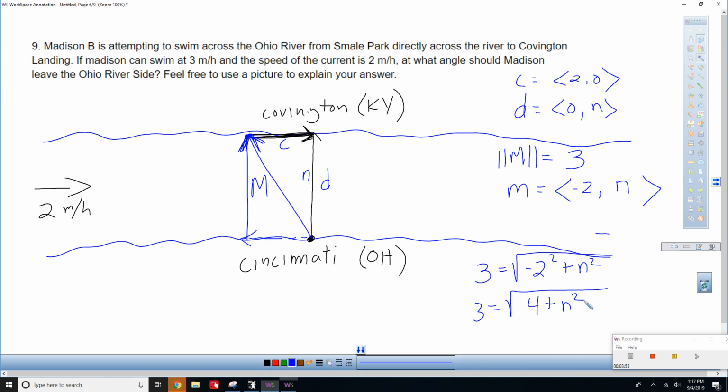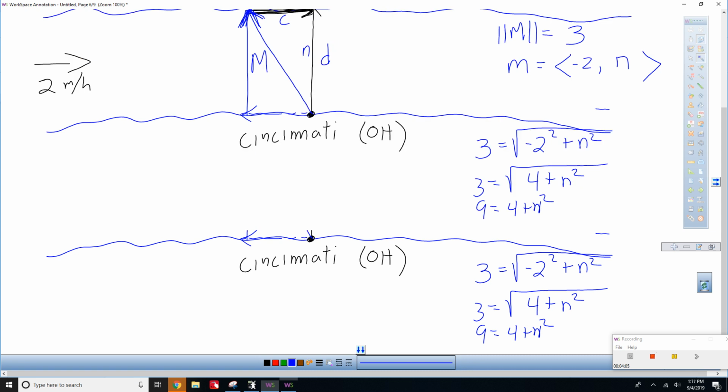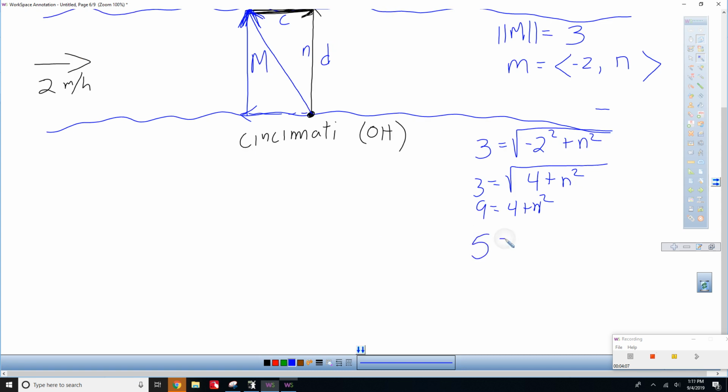Okay? We're solving this for N, so square both sides. 9 is 4 plus N squared. N squared equals 5. So N is radical 5.